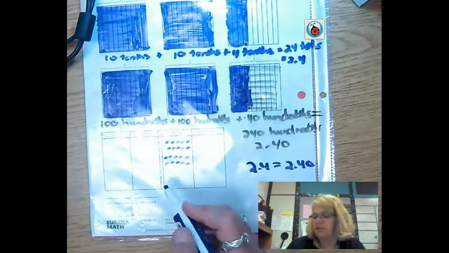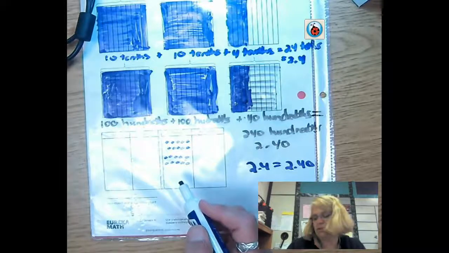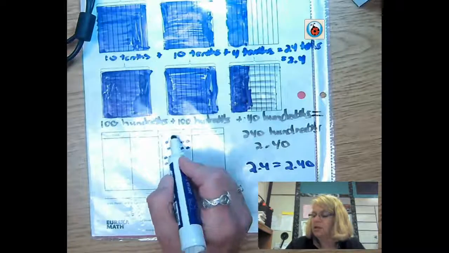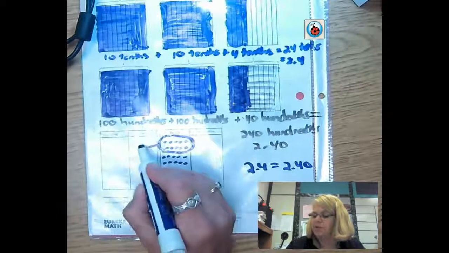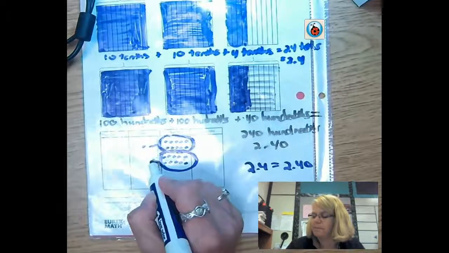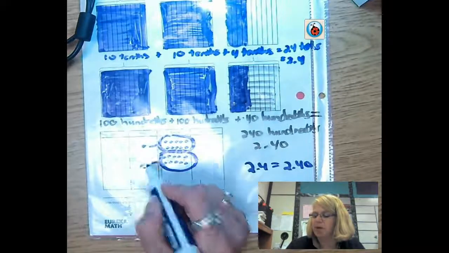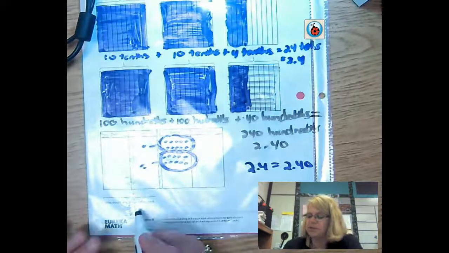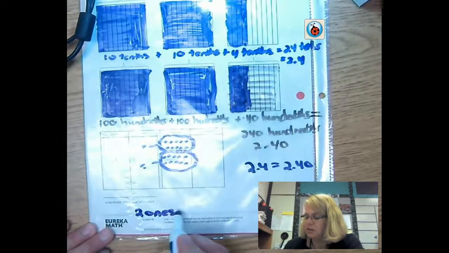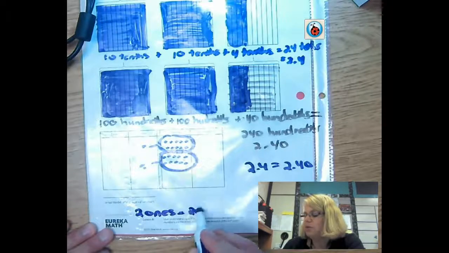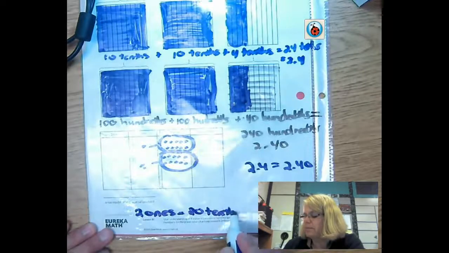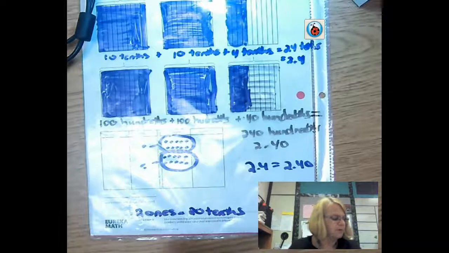How many tenths are in 2 ones? Okay. So we could actually group these and move them over. So 2 ones equal 20 tenths.